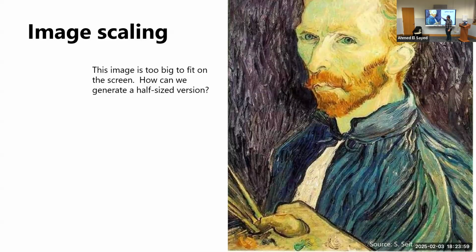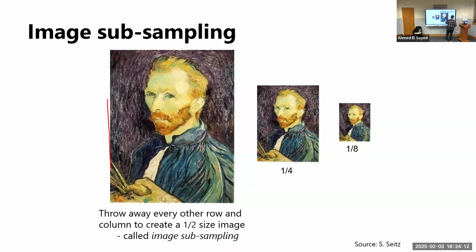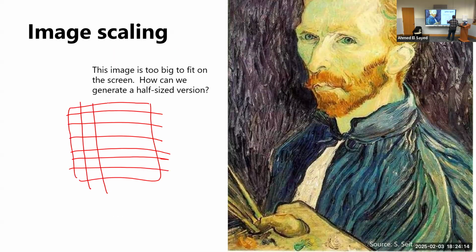So you are saying, for example, if I want to reduce the size of this by half, and the pixels look like this, I will choose this, drop this, choose this, drop this, choose this, drop this, and so on, right?